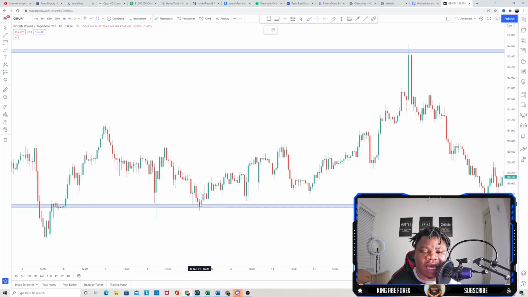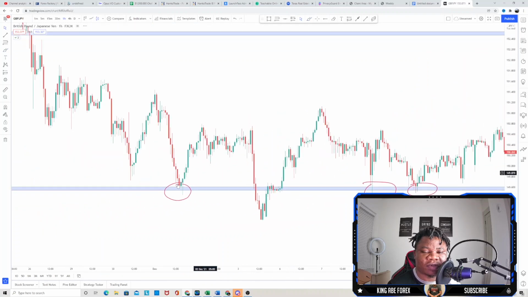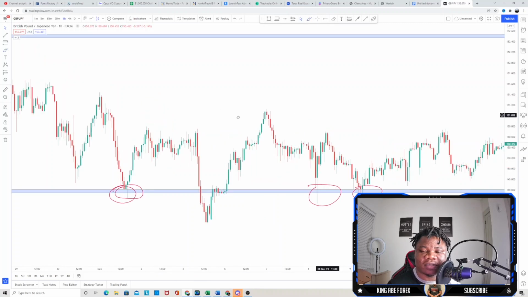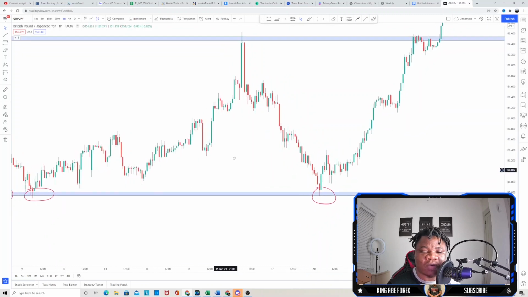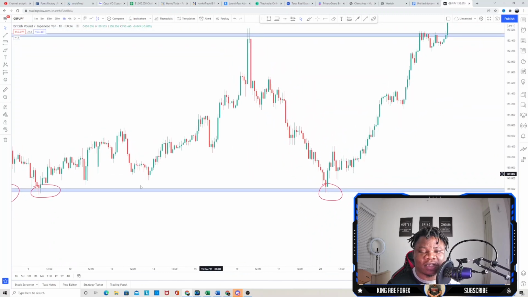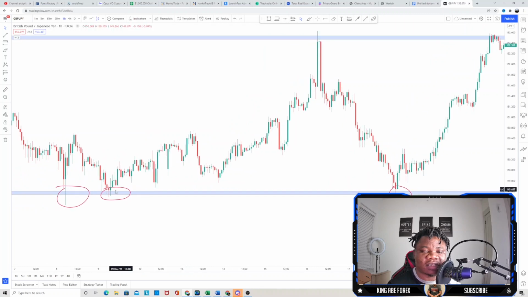So we have rejection here, and we also have rejection here, right over here. Now for me to take this buy position, I would be expecting price to reject this same zone.